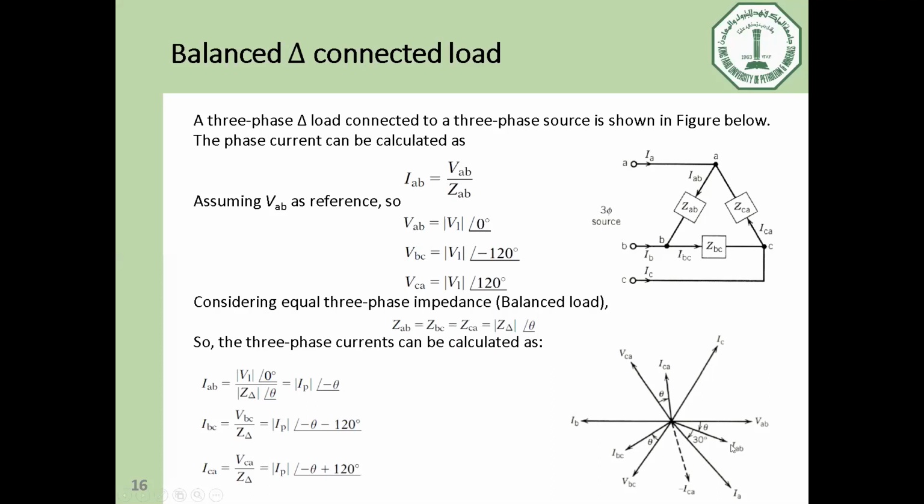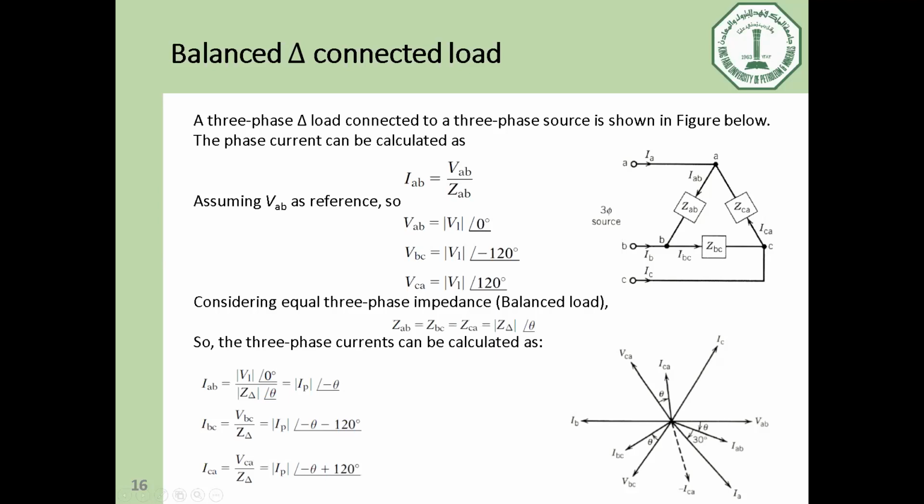We need ICA. This is ICA. So if you would like to subtract IAB minus ICA, this is minus ICA. So the sum of these two vectors will be IA, which is the line current of phase of terminal A.